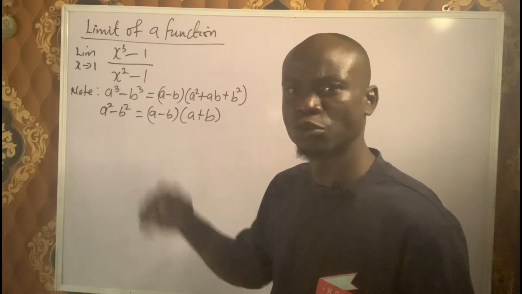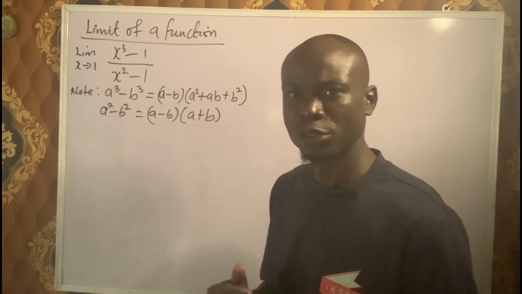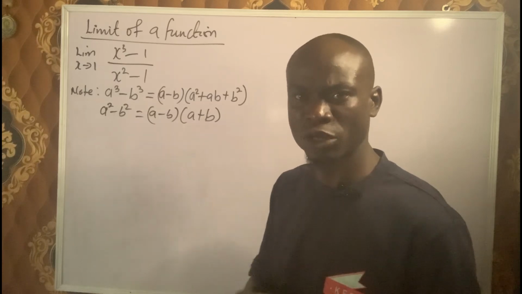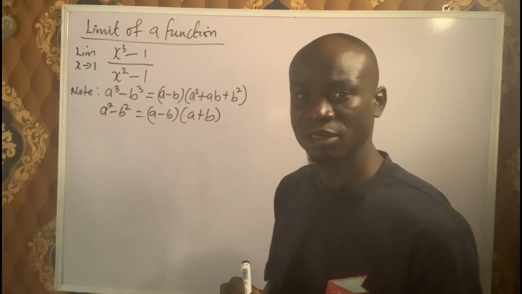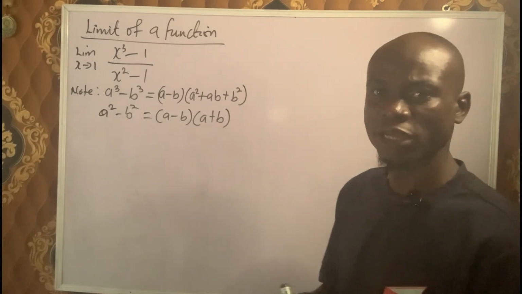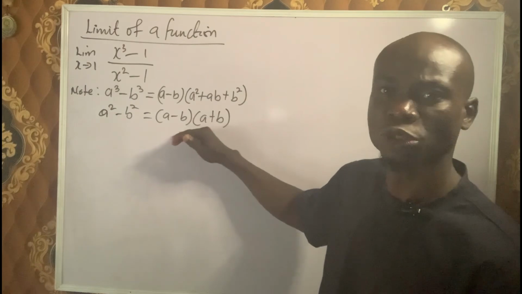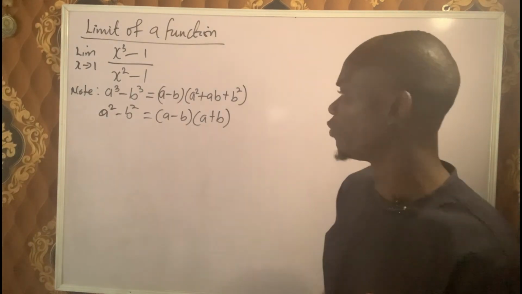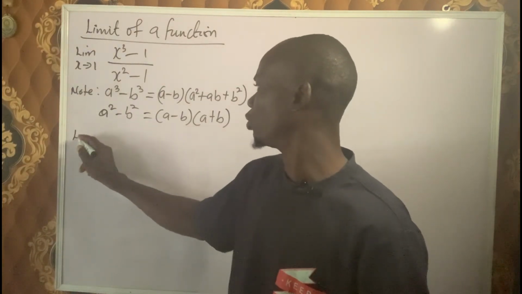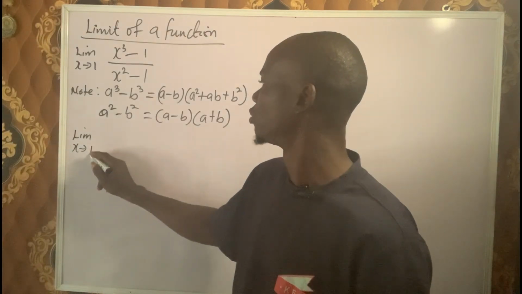If we apply it to what we have above, the x cubed minus 1 will become x cubed minus 1 cubed. That means a is replaced by x and b by 1. We apply the difference of 2 cubes to the numerator and the difference of 2 squares to the denominator. Once we do that, we'll have a way forward. So that will bring us to limit as x tends to 1.